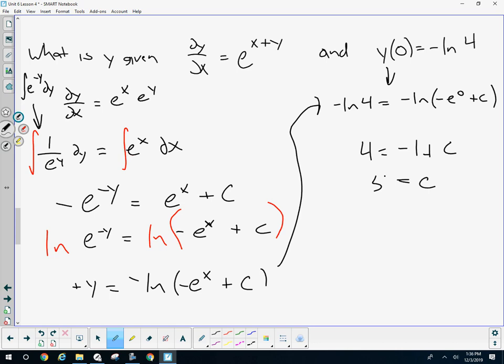You get c is equal to 5. y is equal to negative log negative e to the x plus 5. Okay?